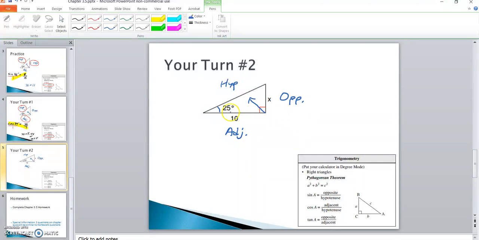I realize now that in each of these examples that I've done in this lesson, the adjacent has been on the bottom here, but please keep in mind that that's not always the case. If the angle was up here, then this side would be the adjacent. Okay?